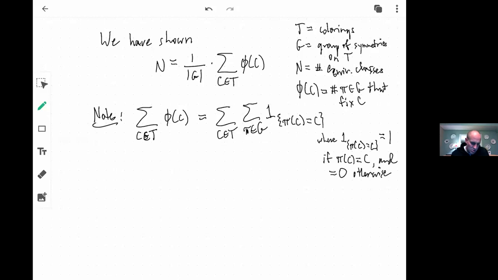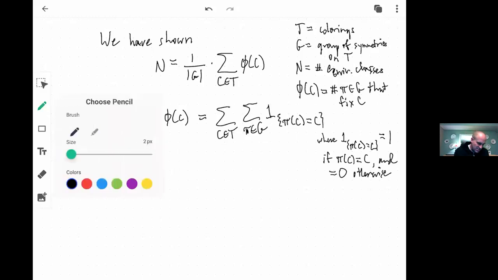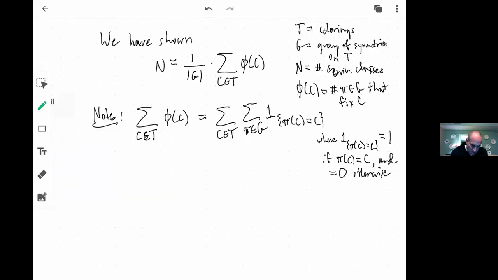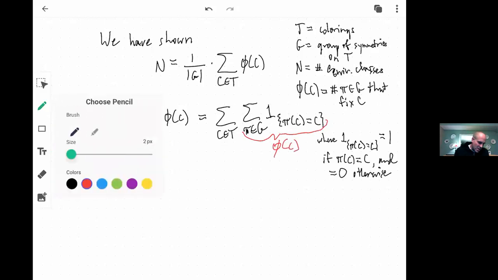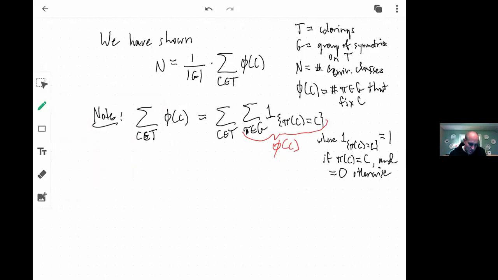So it's only equal to 1 if pi happens to fix C, okay? And so it's exactly going to count those things which fix C in that innermost sum. And therefore, this thing right here is just, for crying out loud, a funny way of writing phi of C. Well, one of the greatest tricks in all of mathematics when you have a double sum like that is to actually flip the order of summation.